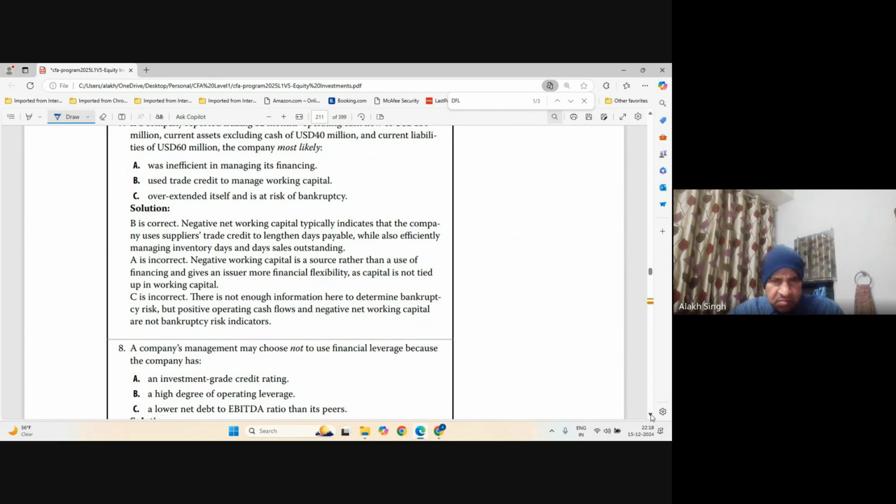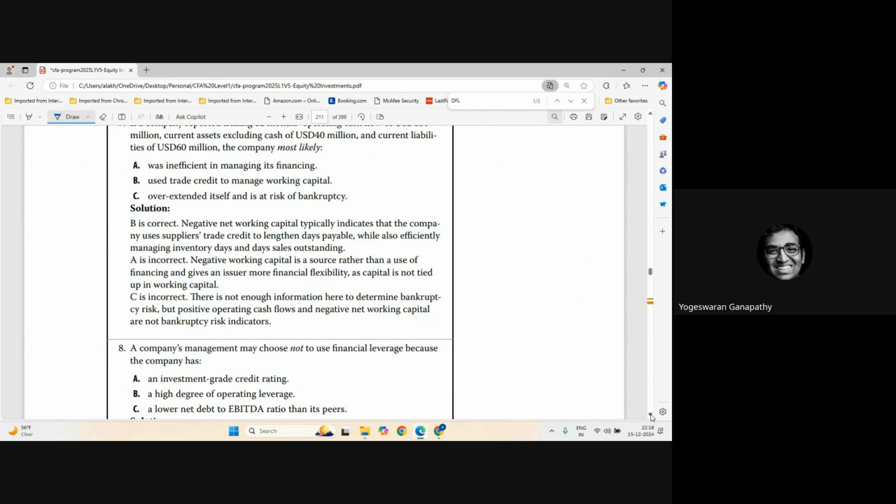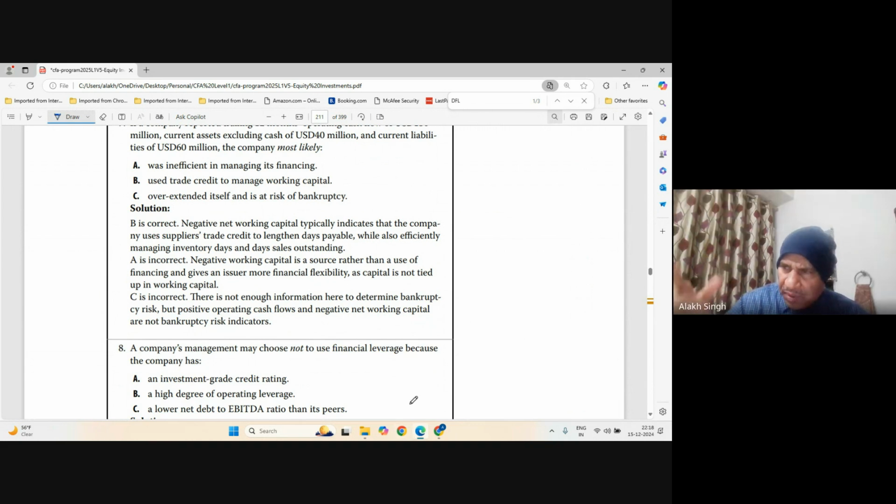Question 8. The company's management may choose not to use financial leverage because the company has an investment grade credit rating, a high degree of operating leverage, or a lower net debt to EBITDA ratio than its peers. High degree of operating leverage means the percentage change in operating income is very high compared to the percentage change in sales. So it has a lot of cash.